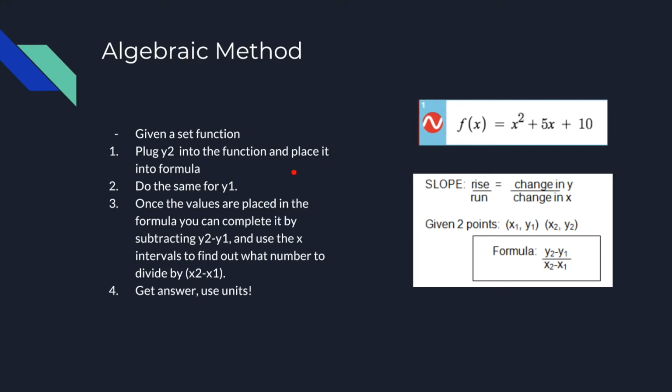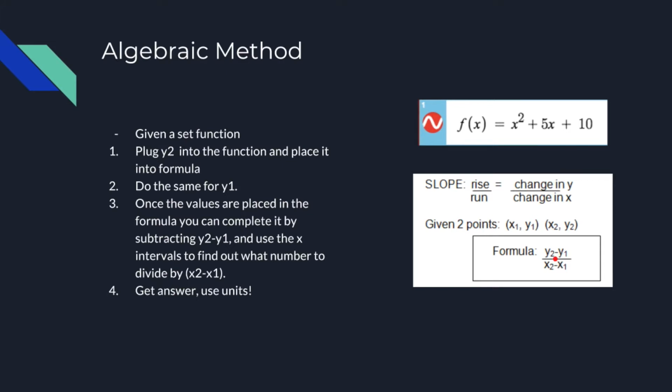This means take your second x interval and plug it in right here, which means you solve the function by plugging it in for all the x's, and then you find the value, and you place it on the top left. Then you're going to do the same for y1. Just plug it into the function, find the value, place it up there.